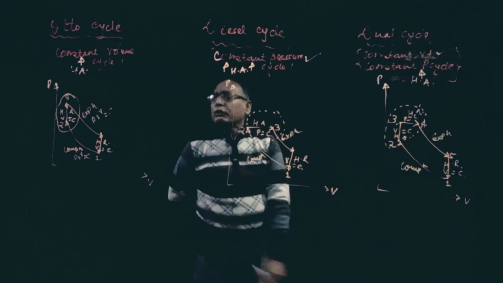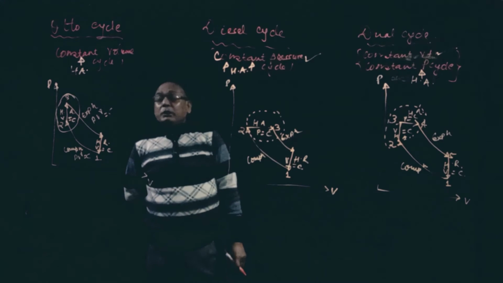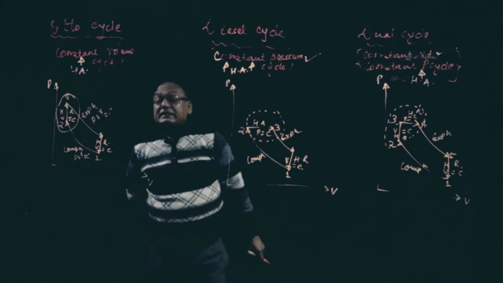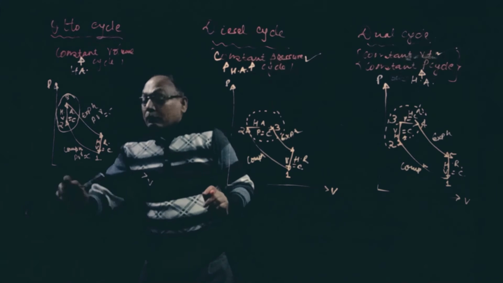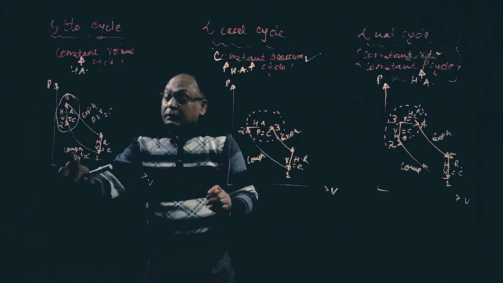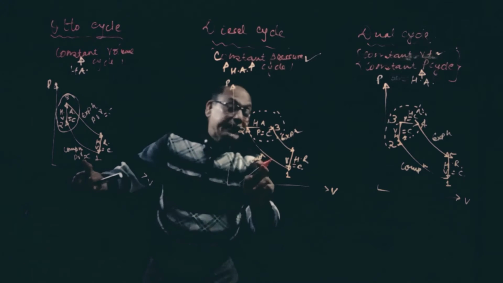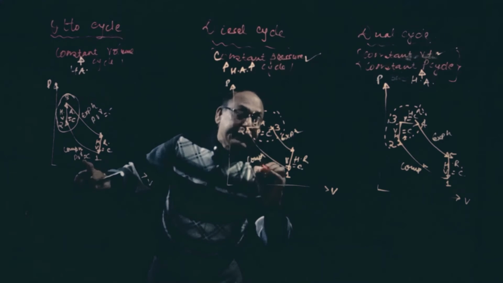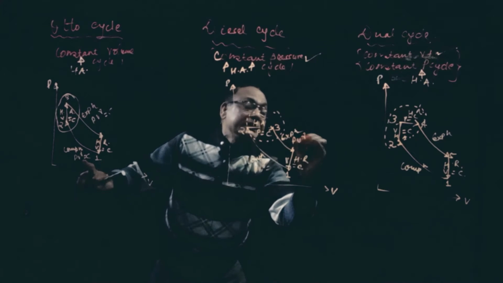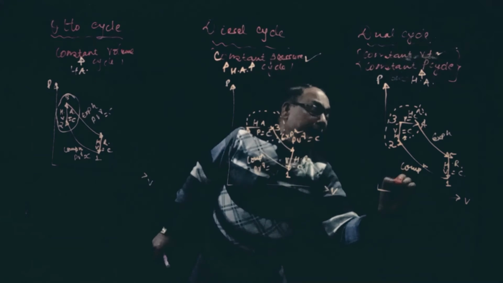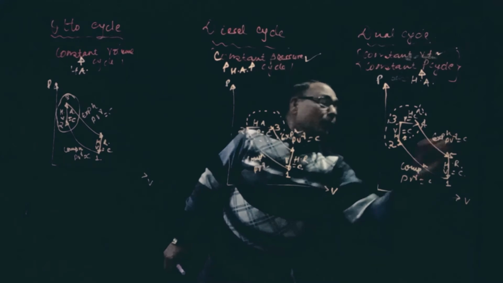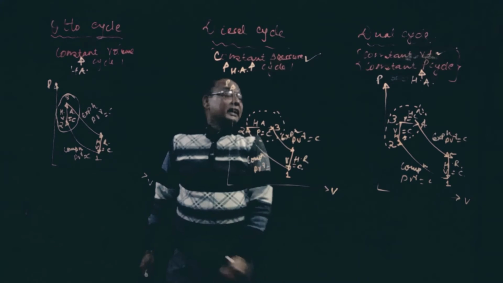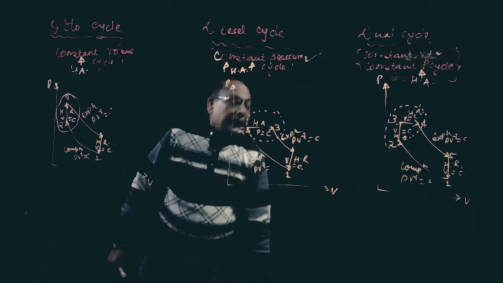Now after drawing these 3 PV diagrams, what are the common similarities? See here, compression here adiabatically, here expansion adiabatically, everywhere compression and expansion is adiabatic. Reversible adiabatic is isentropic.